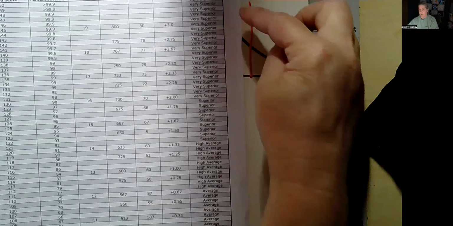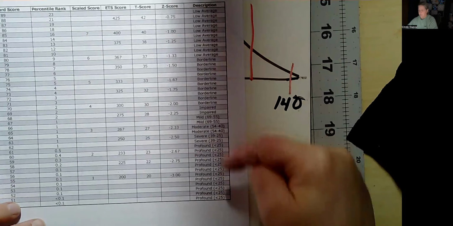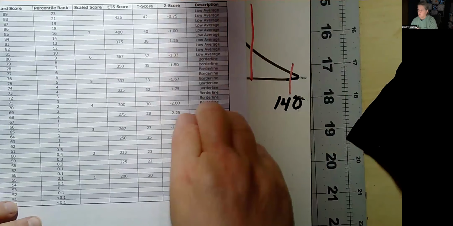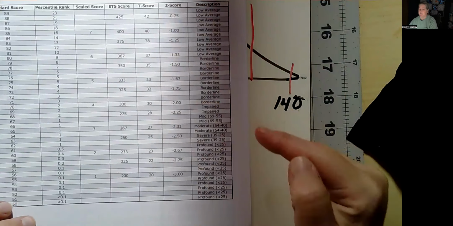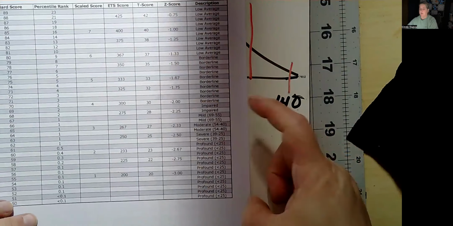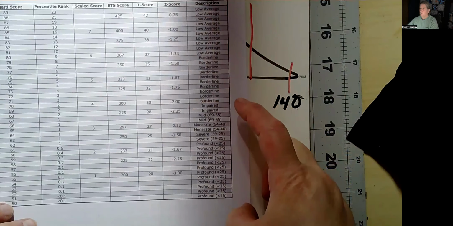Now, a minute ago, I was talking about being in very superior, high average, etc. You're going to see different kinds of metrics on the backside because they've not updated these lower scores with our newer descriptions. We no longer talk about mild, moderate, severe, profound. We tend to talk about atypically low.